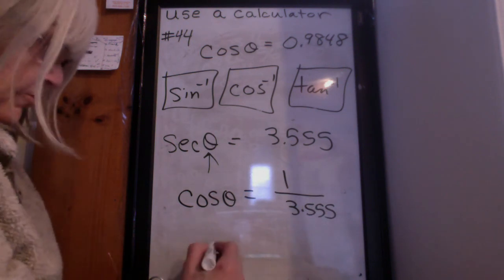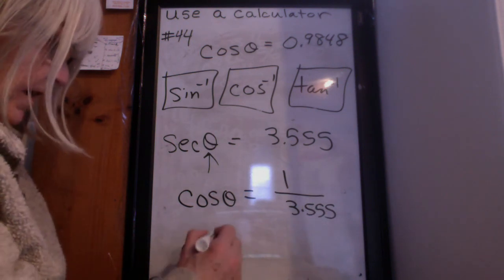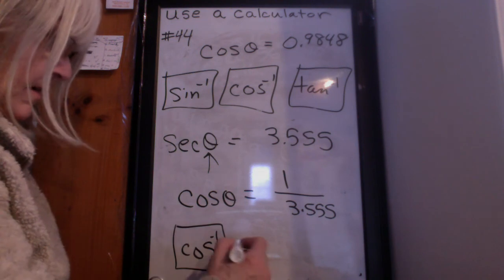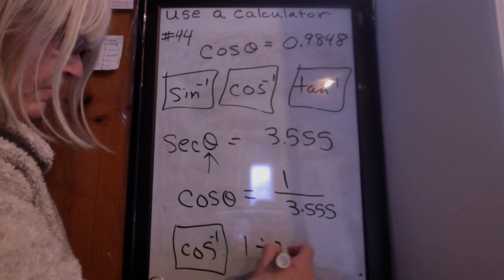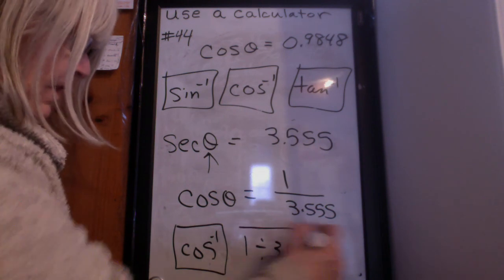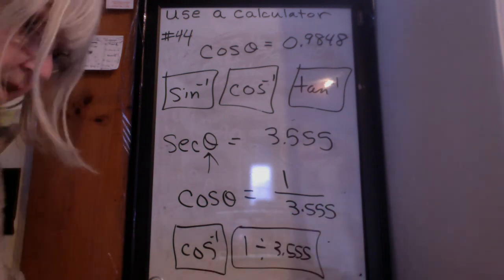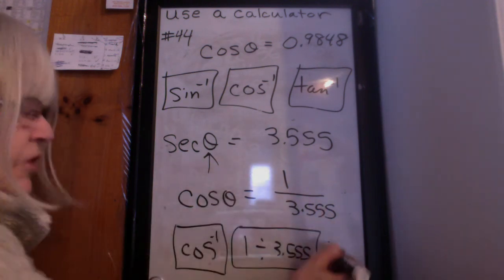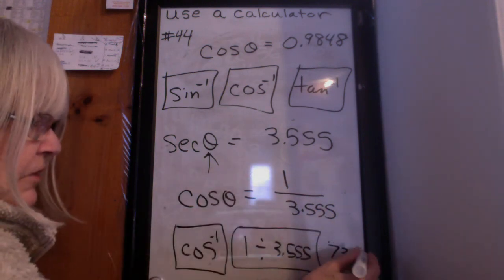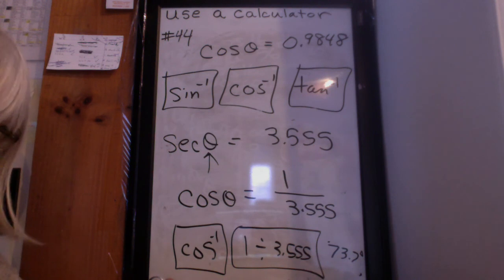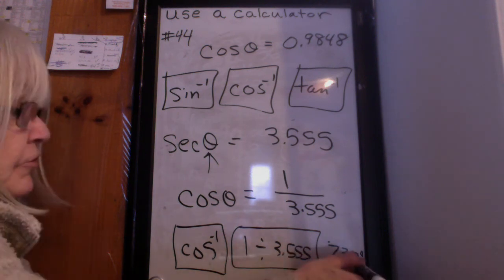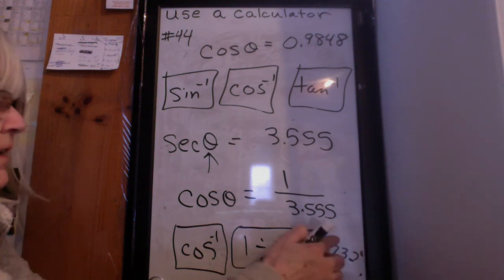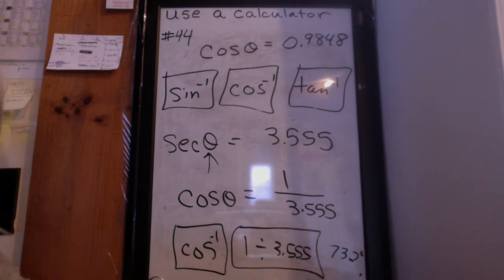Now use the cosine -1 key, and type in 1 divided by 3.555 and hit enter, and you should get the answer. The answer should come out to 73.7 degrees. Then you can do it again in the other mode to get the radian answer instead of the degree answer, or you can convert it.